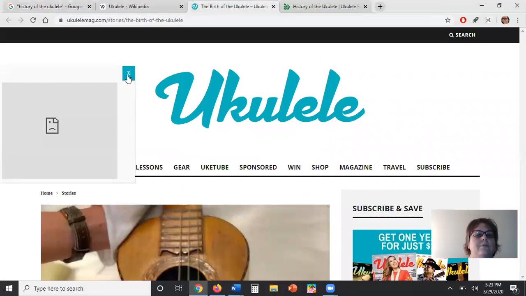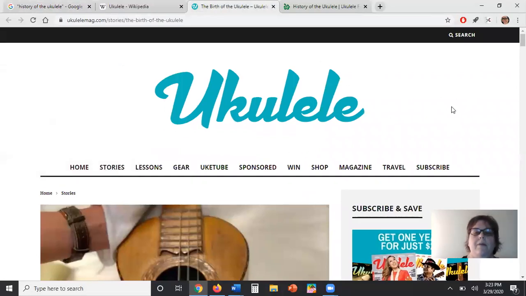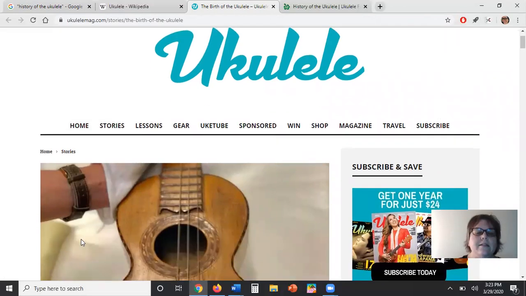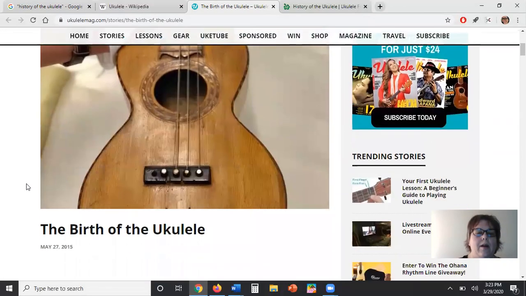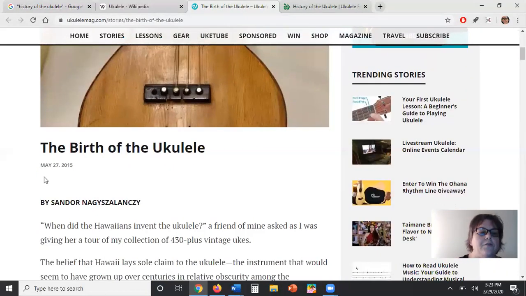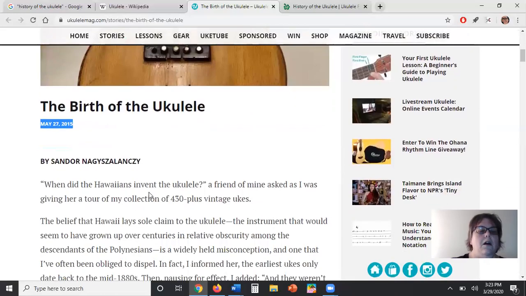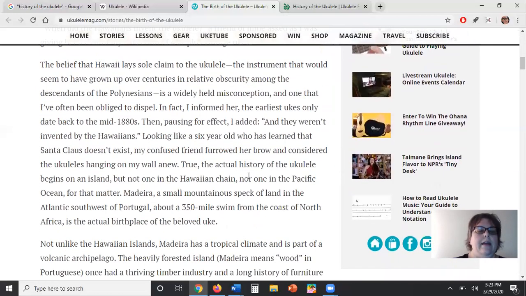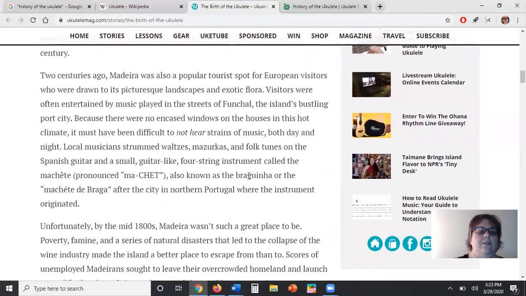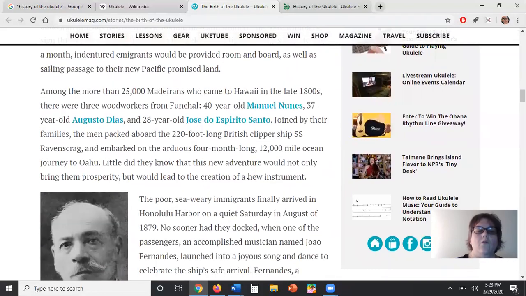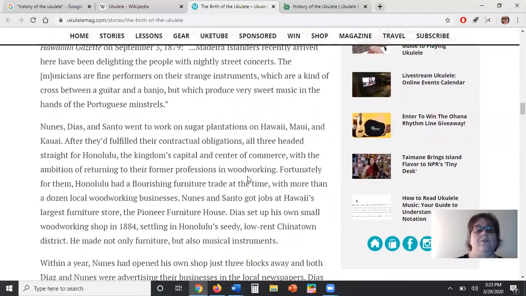This is, oh, something crashed over here. This is Ukulele Magazine, and it's considered part of the popular press. There's an article here from May of 2015, and it looks like it has a decent overview of the history of the ukulele.